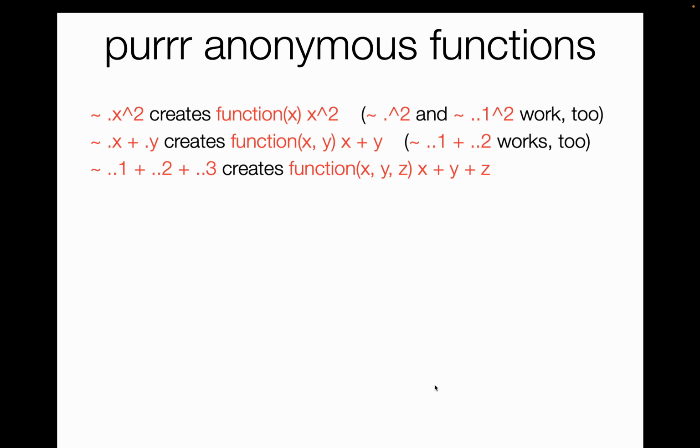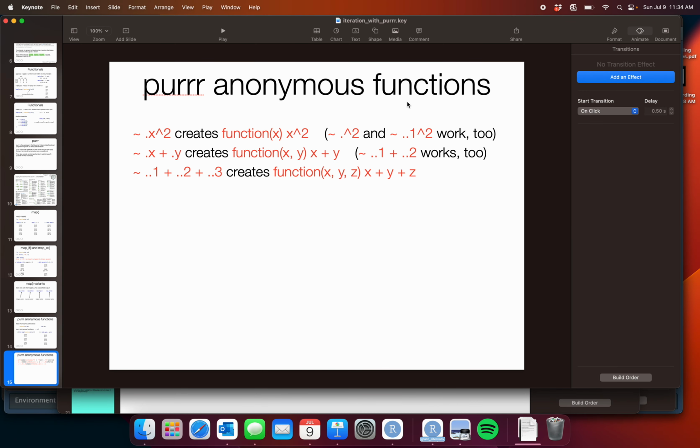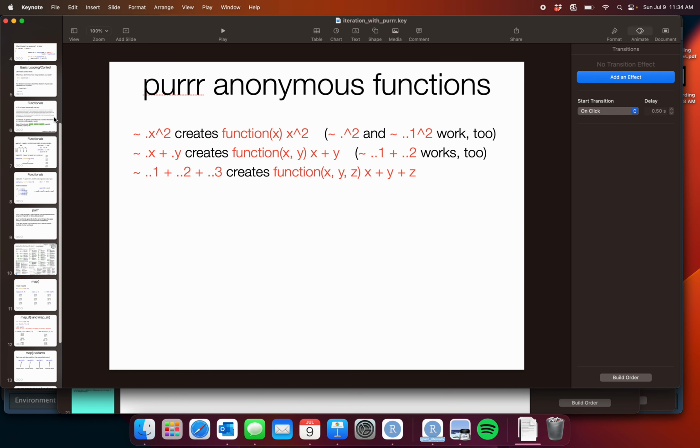You can take away the x. You can use ..1, ..2. There are lots of options. It's kind of confusing at first, but I will help you along. And if you have any questions, feel free to email me. So that's the end of iteration. I know the video was a little long, but hopefully helpful.